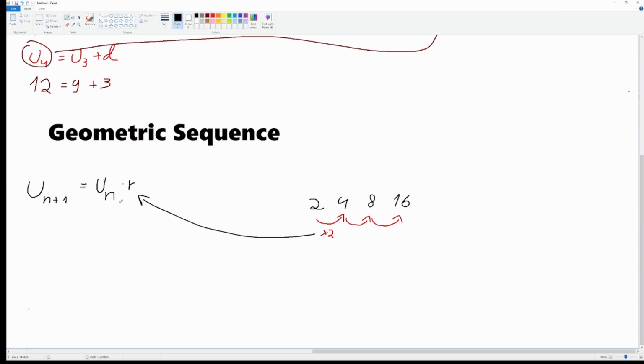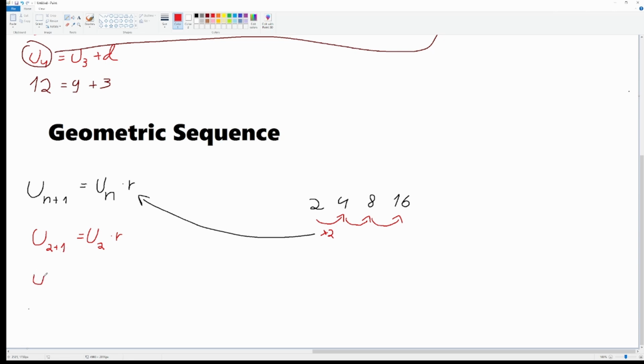And here we can do the same formula. So you already know what u(n) is. It's just a random number from your sequence. Therefore, let's do this example also over again. Let's take, for example, u2 times r is equal to u2 plus 1.